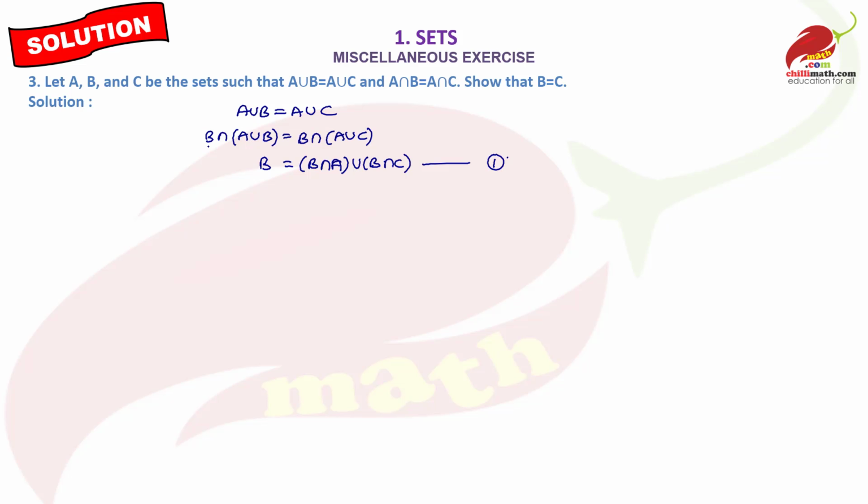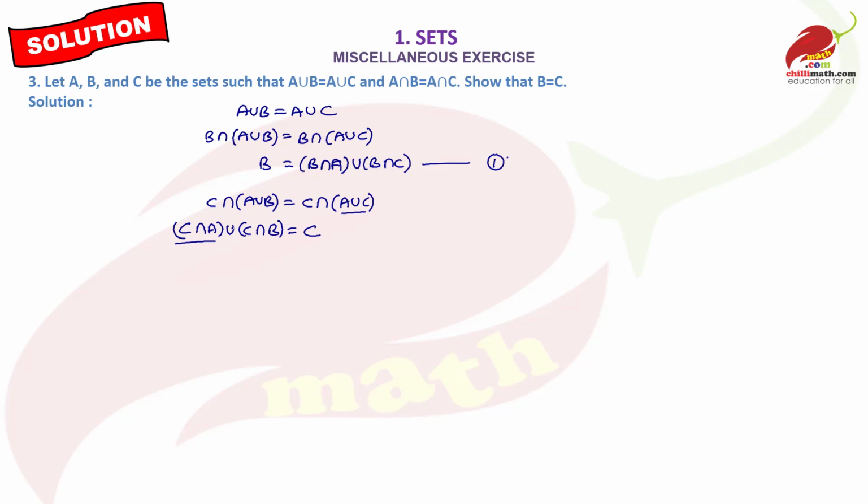As we have taken intersection of B on both sides, let us take intersection with C on both sides. So C intersection (A union B) is equal to C intersection (A union C). Using distributive law, (C intersection A) union (C intersection B) is equal to (C intersection A) union C, again is C, as we have done here.